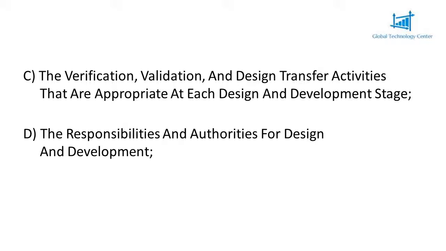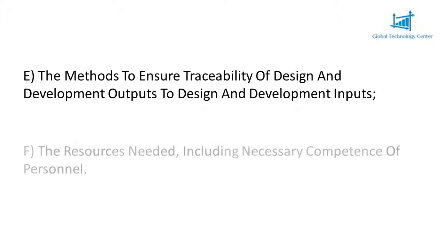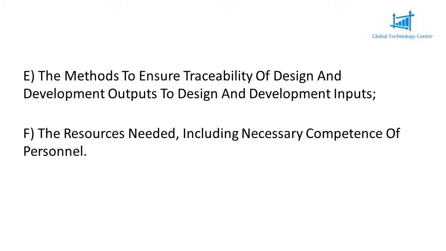D. The responsibilities and authorities for design. E. The methods to ensure traceability of design outputs to design and development inputs. F. The resources needed, including necessary competence of personnel.